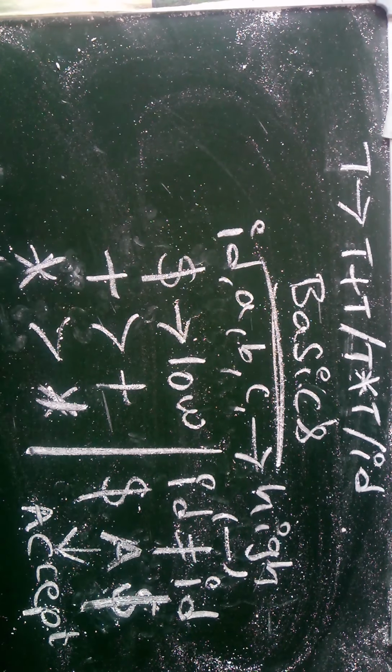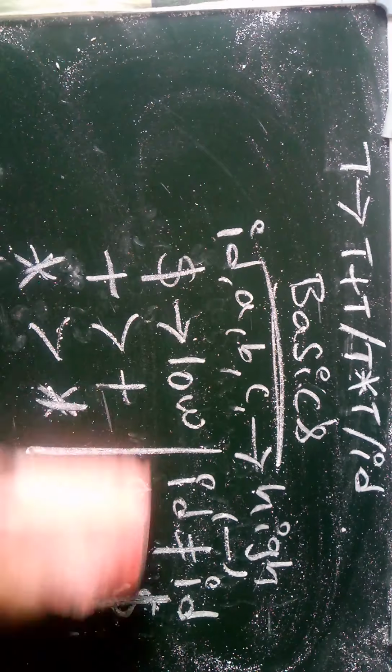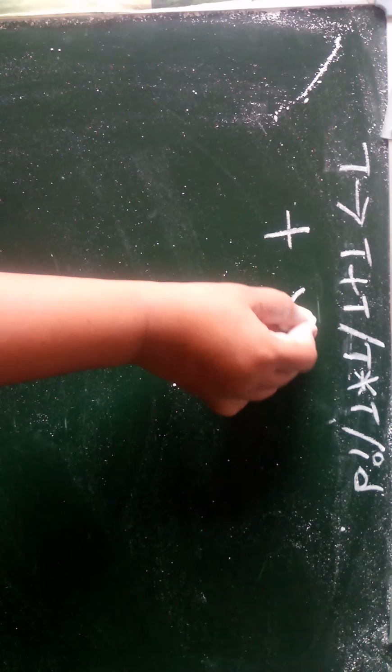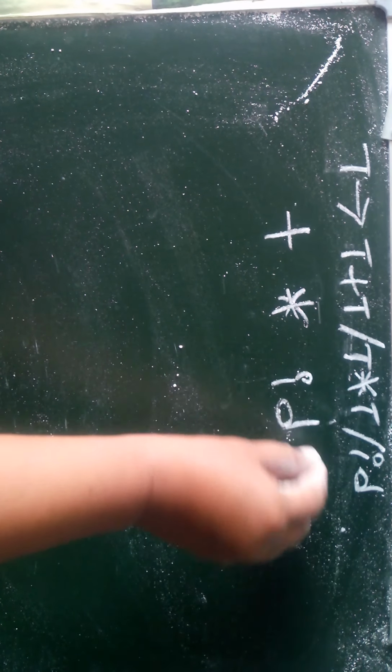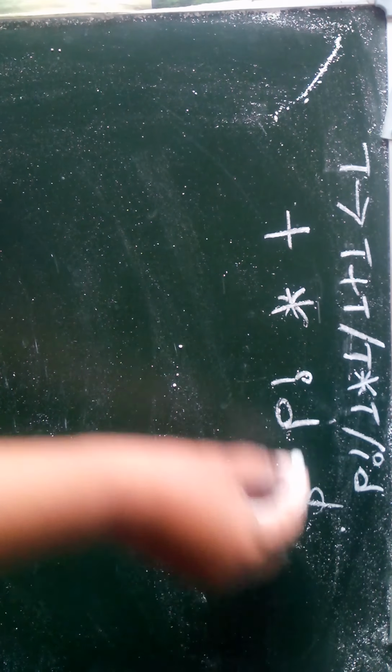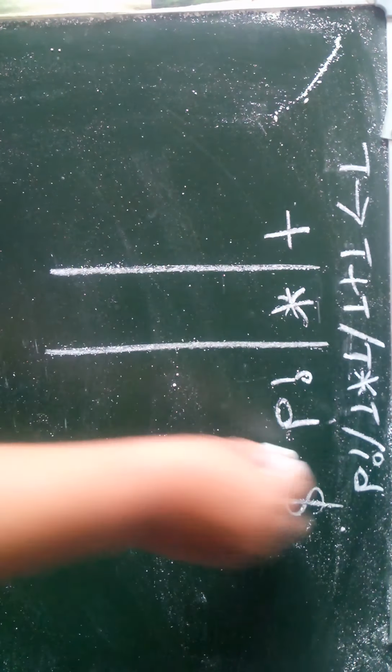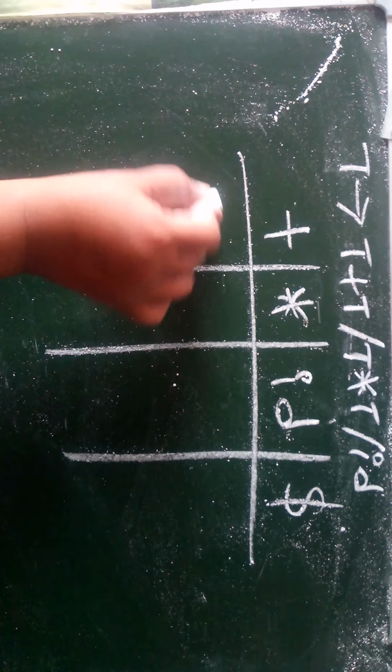So these are the basics, and coming to the problem, take the previous OP relation table, the operator precedence table. Take all terminals along with dollar. You all know why we are putting dollar here.